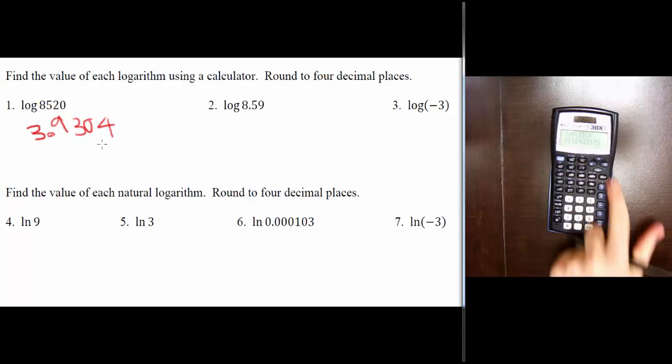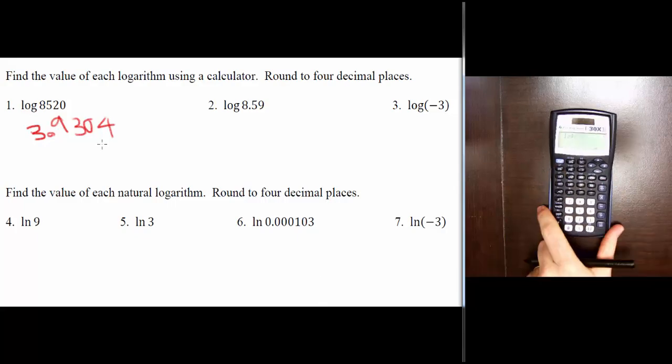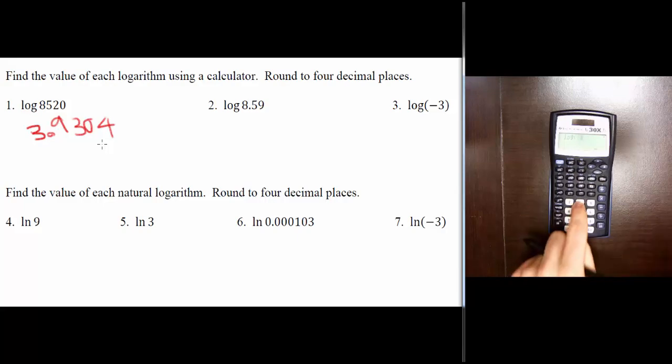Okay, and the log of 8.59, 0.9339. I'm going to round that to 0.9340.